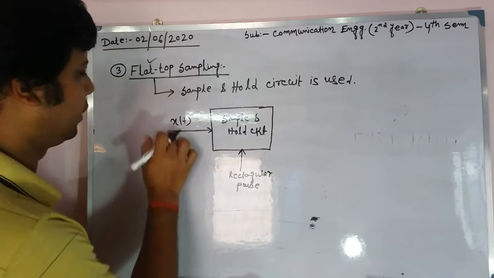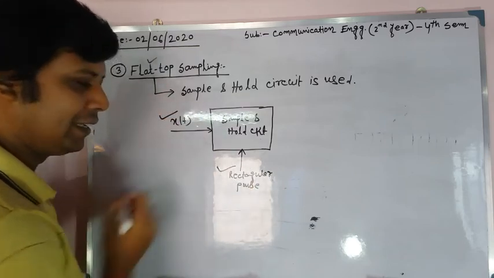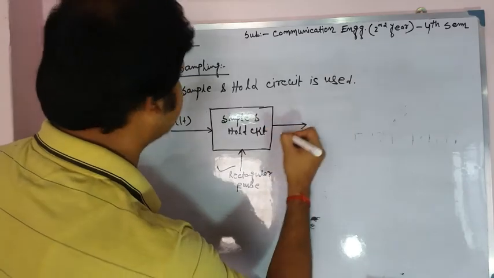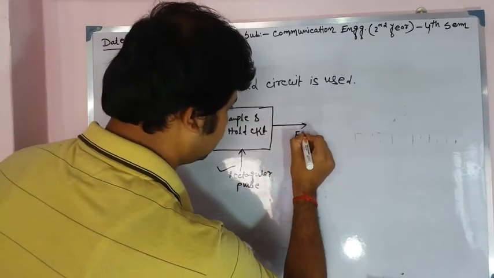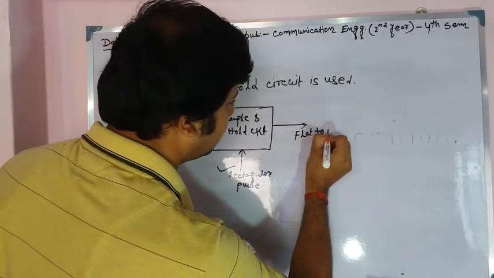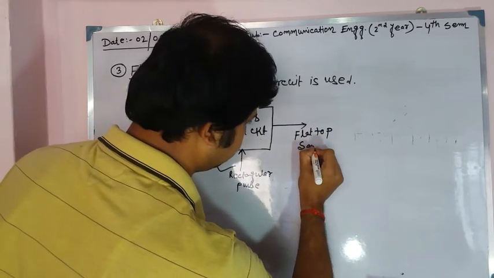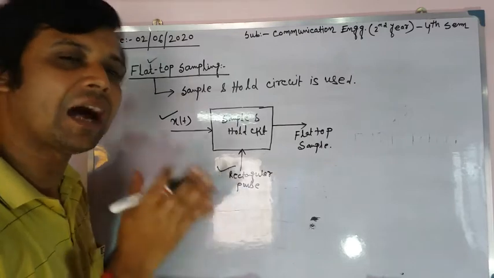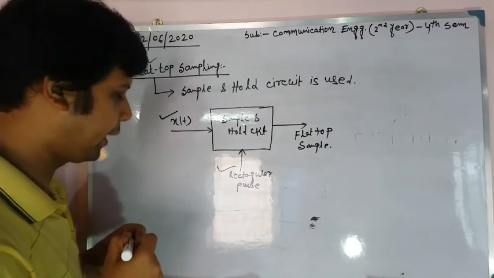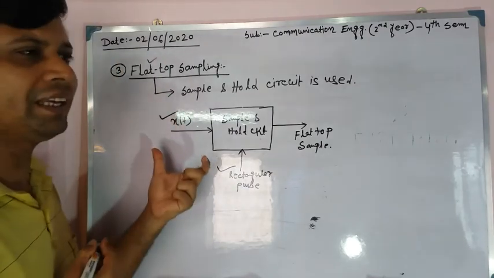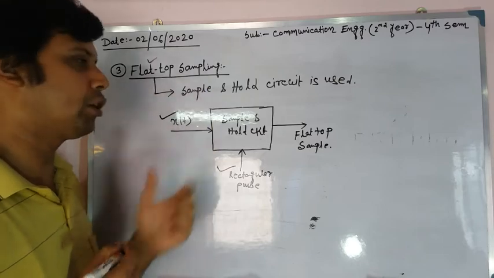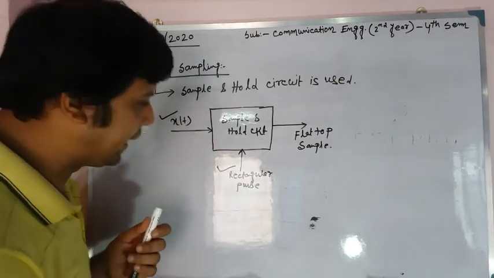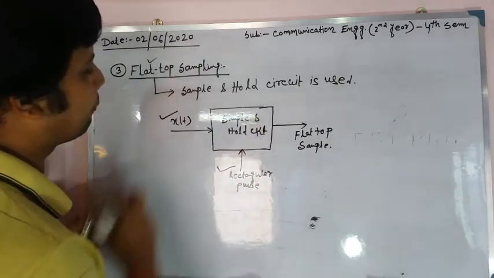The output of the sample and hold circuit is the flat top sample. This process is quite easy compared to the other sampling techniques. The generation of the flat top sampling is very easy compared to the other two sampling techniques.